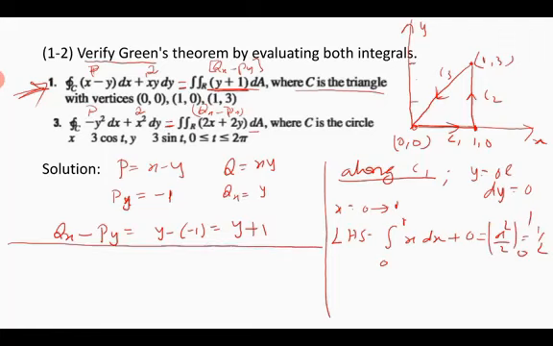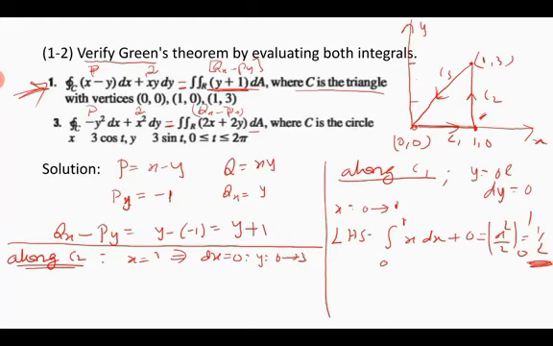Next, along C2, what is happening in this curve? X is fixed, x is 1, this gives dx is 0, and y varies from 0 to 3. So apply the left hand side. So first, the answer for the left hand side along C1 curve is half.